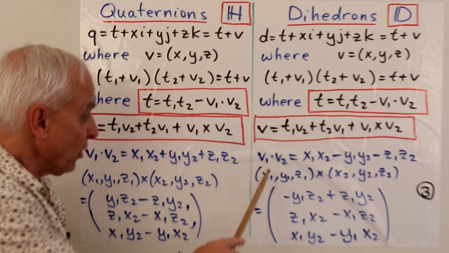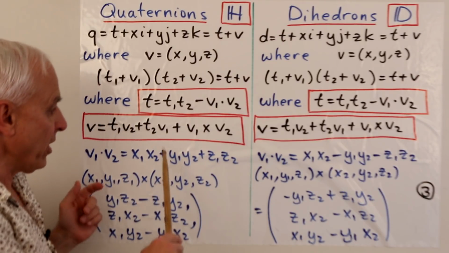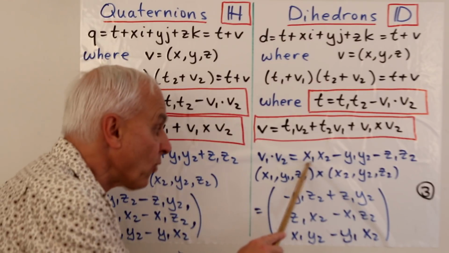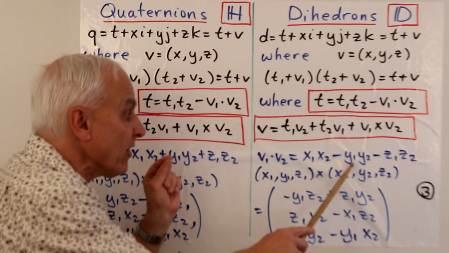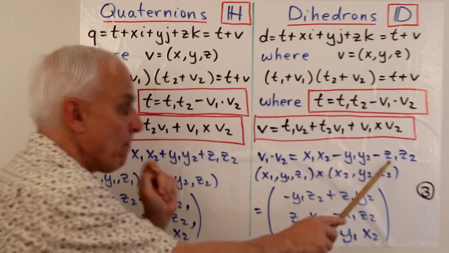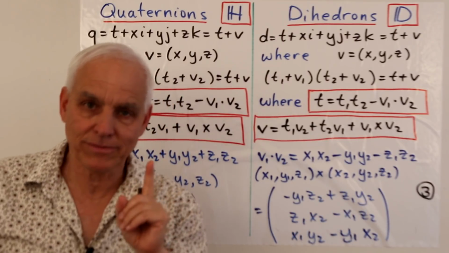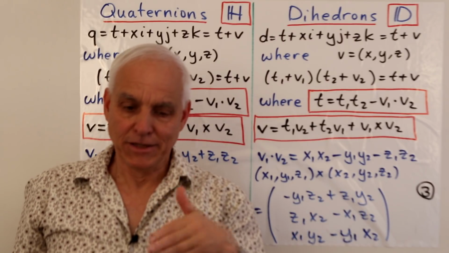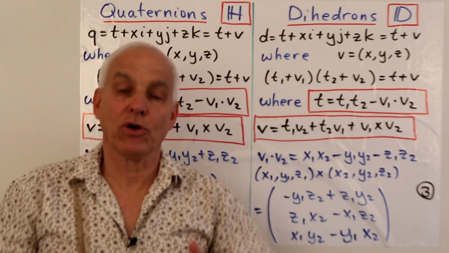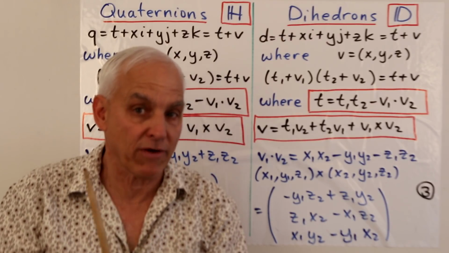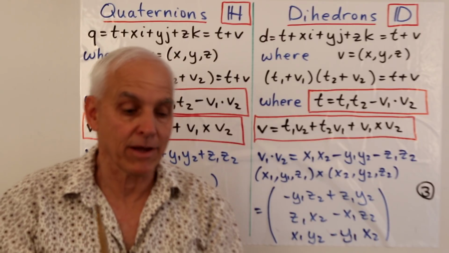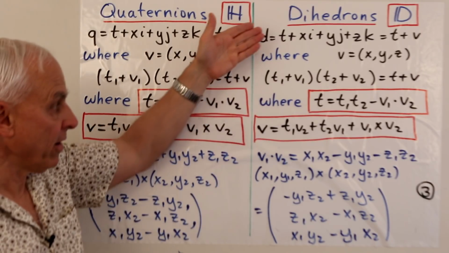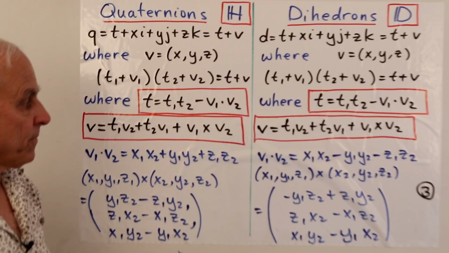The dot product of x1, y1, z1 and x2, y2, z2 is x1 times x2 minus y1 y2 minus z1 z2. So this is a kind of geometry that occurs in Einstein's special theory of relativity. Okay? And it's happening here in the dihedron story.